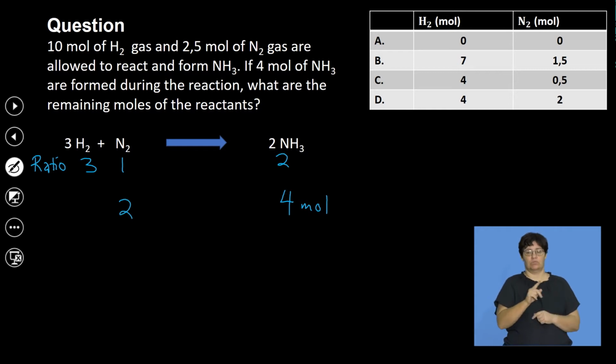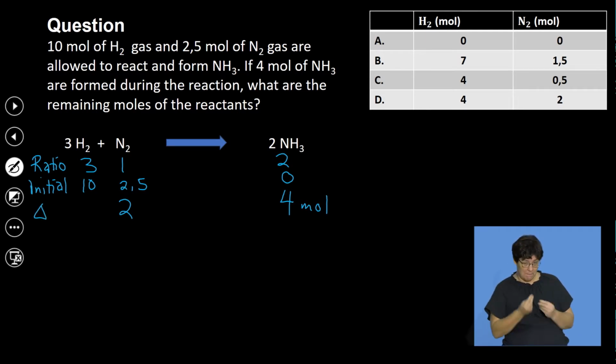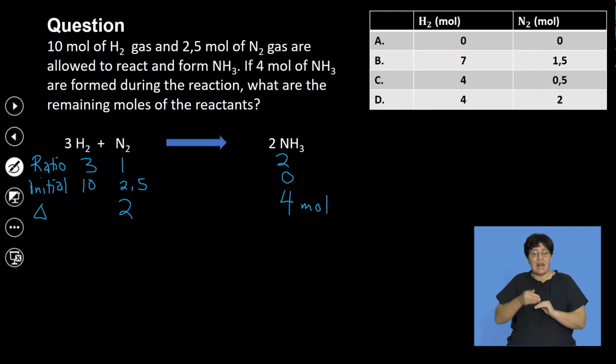So initially, what we have, we've got 10 moles, right? And 2.5 moles, right? Okay, and then we had nothing there, okay? Now, if we started with 2.5 moles and 2 of them reacted, how much nitrogen is left? 0.5 mole, okay?